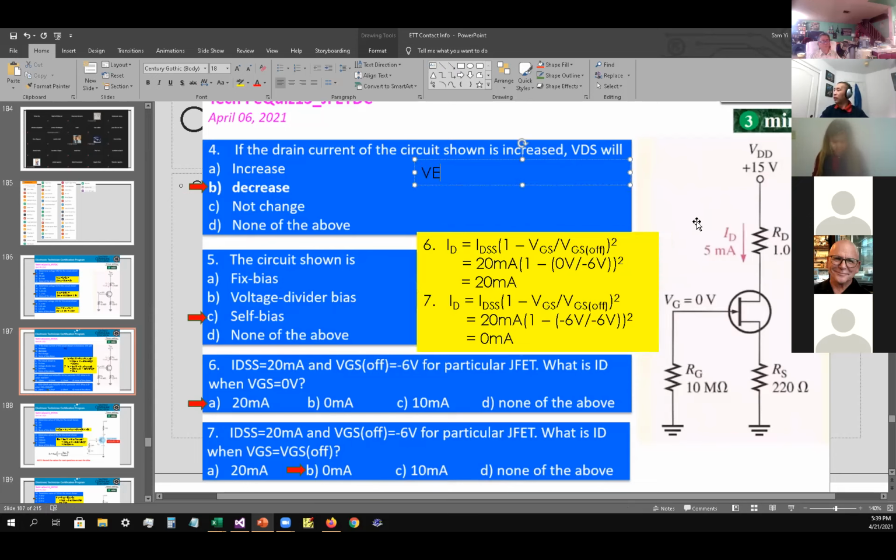Since both have ID as the current, if ID is increasing and the resistors are all constant, doesn't VDS go up?